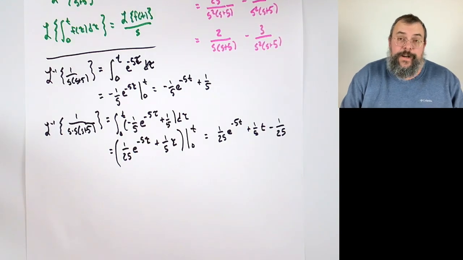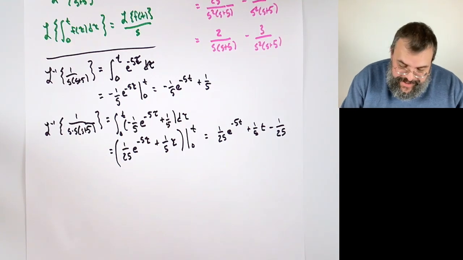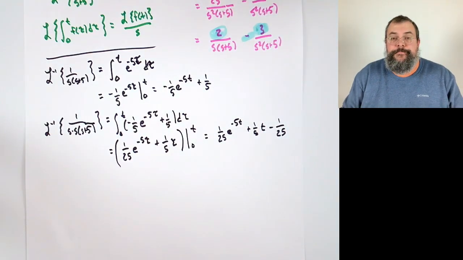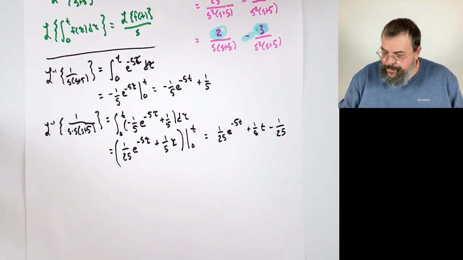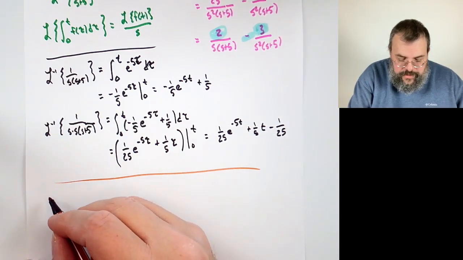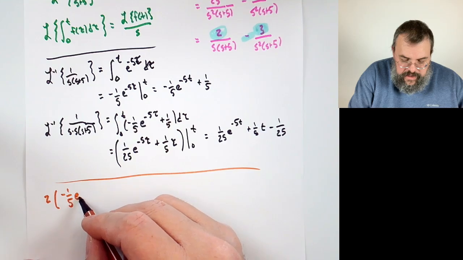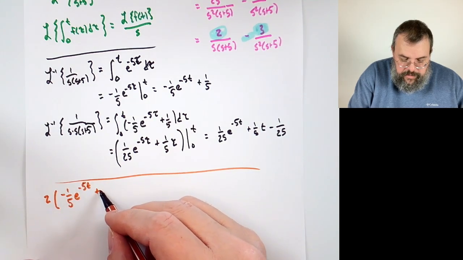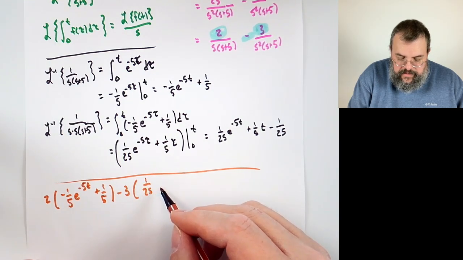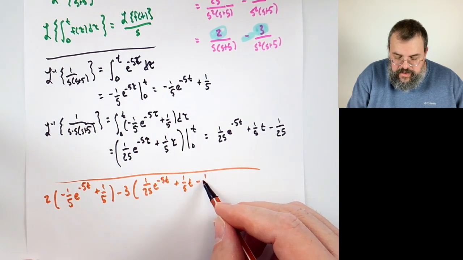And now our final answer says, okay, what haven't we accounted for? Well, we haven't accounted for these values upstairs. And don't forget, there's the minus there. So our answer will be the following. We're going to get 2 times this, so minus 1/5 e to the minus 5t plus 1/5, subtract 3 times 1 over 25 e to the minus 5t plus 1 over 5t minus 1 over 25.